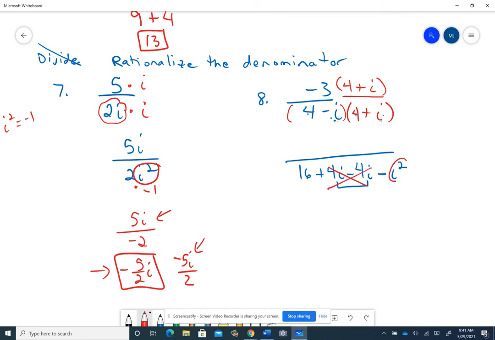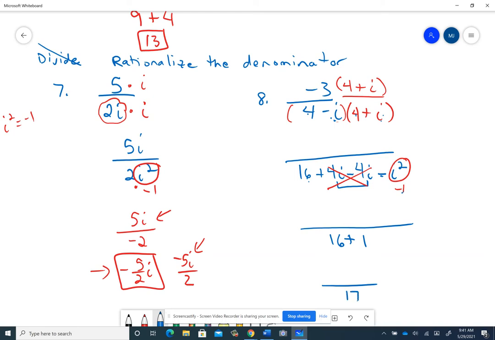And then see how this i squared we could replace with -1. So that denominator becomes 16, and we have minus a -1. Minus a -1 is plus 1. Okay, so it winds up being just 17 down there.